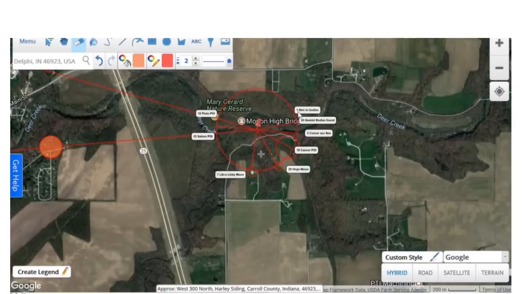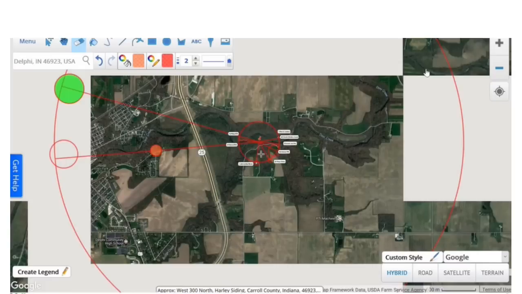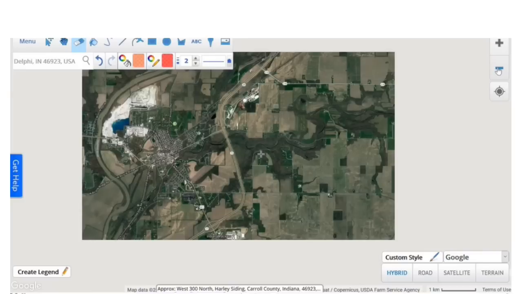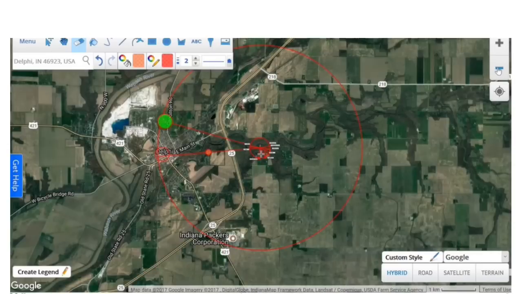It's 1.88 kilometers, in fact. So there's that number. But the further we go out, if I take it to 18.88 kilometers, that's this big circle here. I believe that the perpetrator is within this area here.